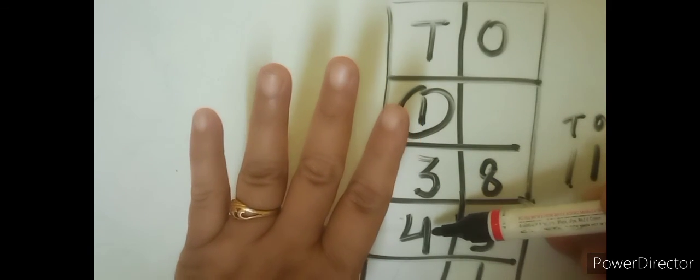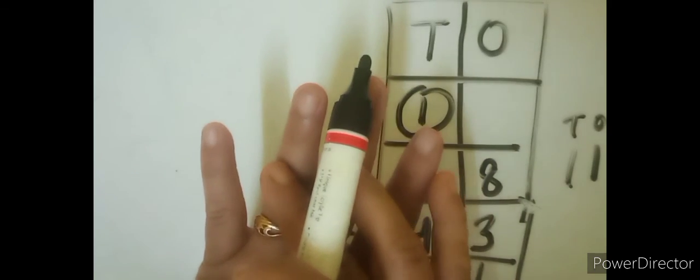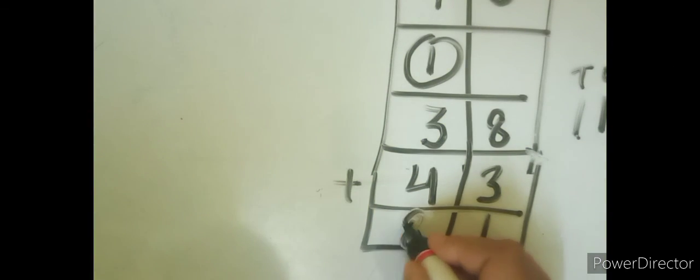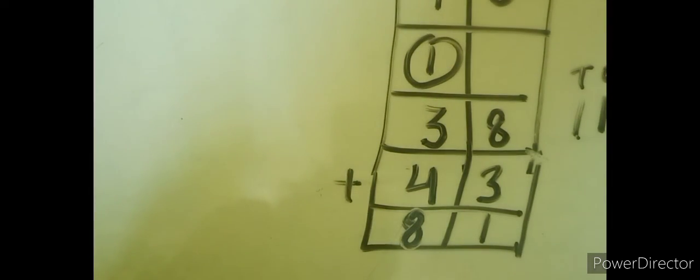Now you have to count 4 after. 5, 6, 7, 8. Okay. Now you have to write here 8. 38 plus 43 is equal to 81. Okay. Now you have to practice these sums at home.